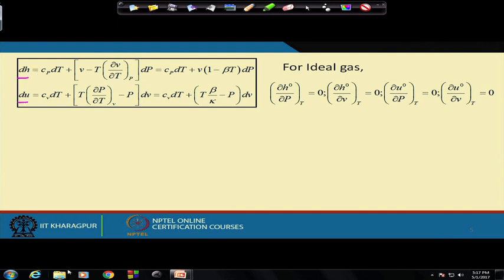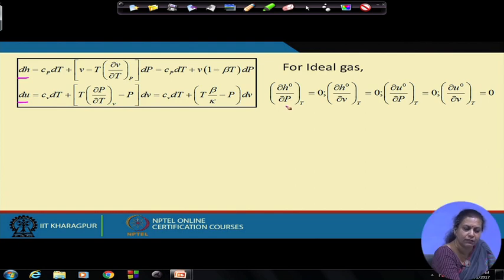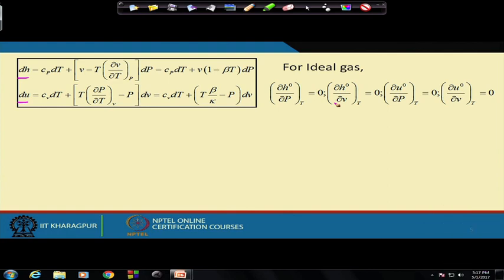And we have also shown that both enthalpy and internal energy for an ideal gas are unique functions of temperature and both of them are independent of pressure as well as of volume. Right. Now, before I proceed further, I would like to ask one particular question to you.